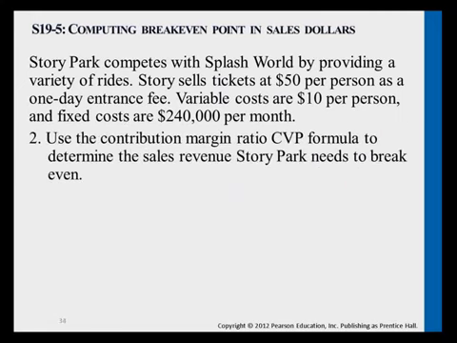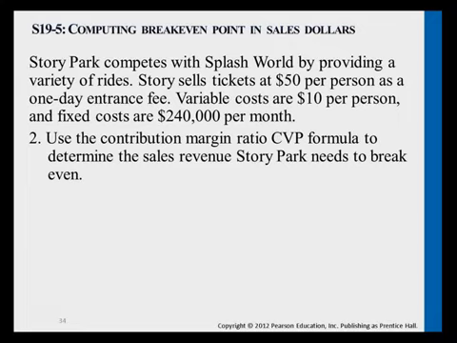Okay, so let's do another. Have we done this? No. So use the contribution margin ratio that we just went over again, the CVP formula, to determine the sales revenue. So we're going to look for the sales revenue that we need to break even.